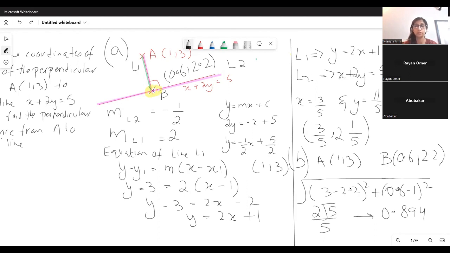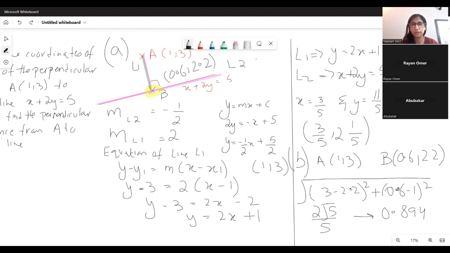You have to be extra vigilant about the type of answer being asked for. Are they asking for the exact answer? Are they asking for a 4 decimal places answer? You have to be very careful, otherwise you lose 1 mark for no reason at all. So for now, let's assume they were asking for an exact answer. So it's 2 under root 5 over 5.